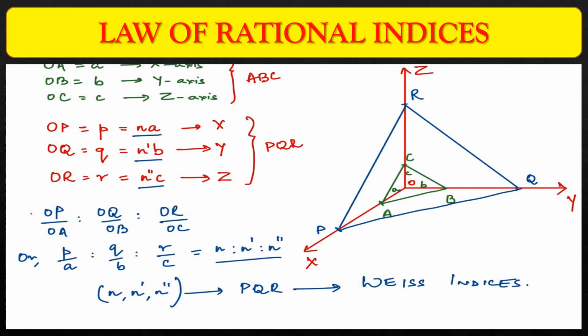So the law of rational indices states that the intercepts which any plane of a crystal makes on the crystallographic axis may be either equal to the intercepts of the unit plane, or some simple whole number multiples of the intercepts of the unit plane. But if some plane is parallel to one or two axes, then the intercept made by that plane will be considered to be infinity, and we'll discuss this shortly.